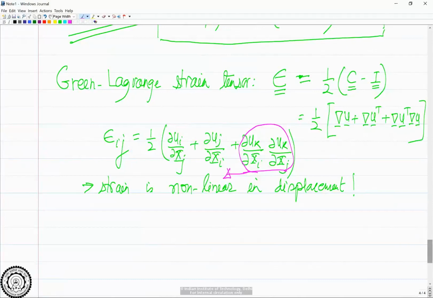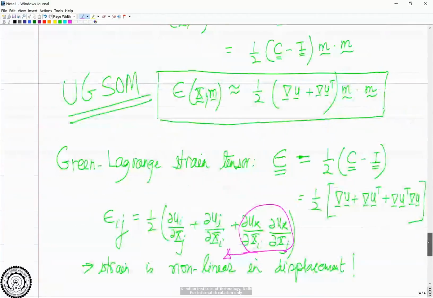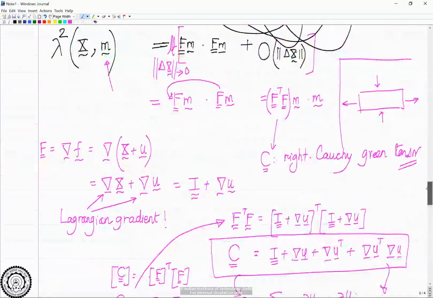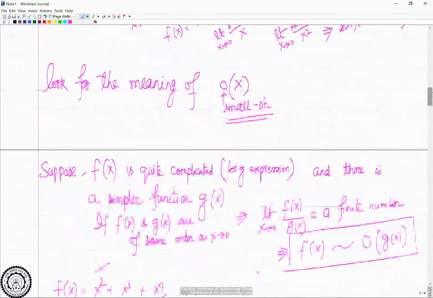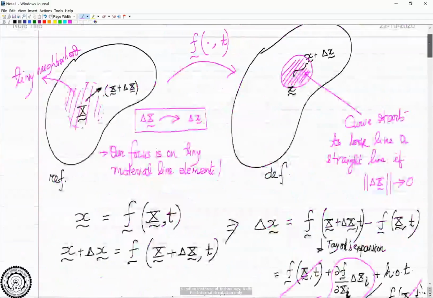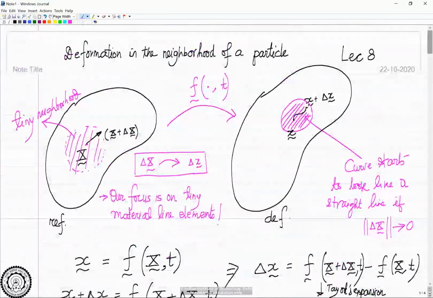See, why did we talk of infinitesimal line element? That's because I want to understand deformation at a point. Or I want to find out stretching at a point, shear strain at a point, which means I have to look at line elements which are very, very small. So that's why we said that delta capital X is going to 0.